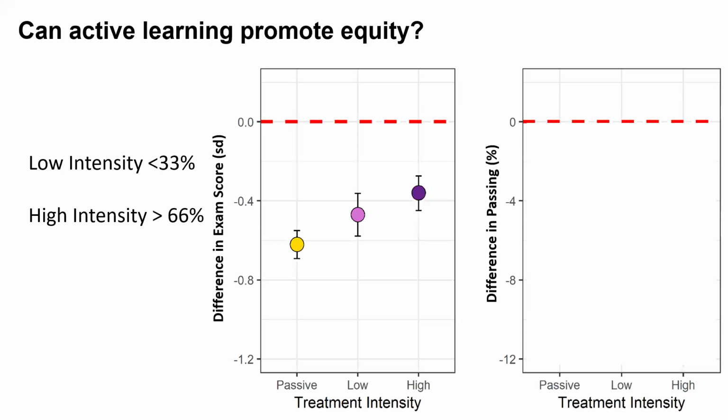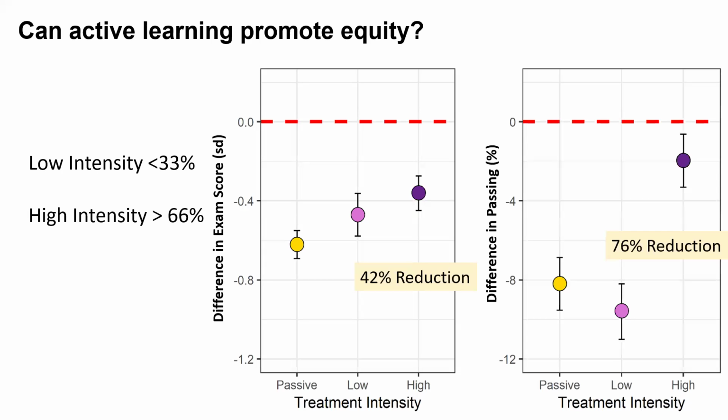For the difference in exam scores, high intensity active learning classes have the smallest inequity compared to either passive learning or low intensity active learning classes. And the probability of passing was even more dramatic, where high intensity active learning classes had a 76% reduction in the inequity in the probability of passing the class for minoritized students compared to their majoritized peers.